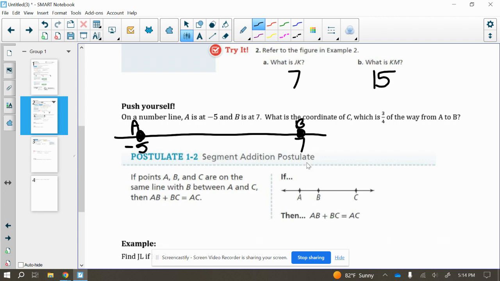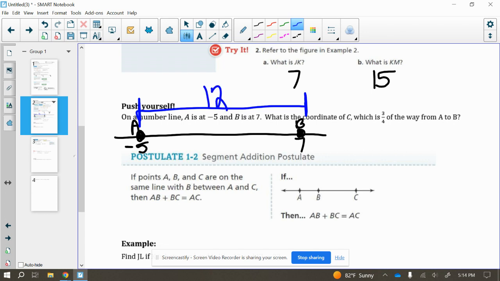Well, first and foremost, our original distance to go from -5 all the way to 7 was a total of 12 units. We could do 7 minus -5 and get 12, or -5 minus 7, take the absolute value. We know this is a total of 12 units originally.